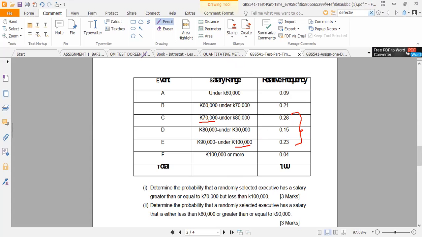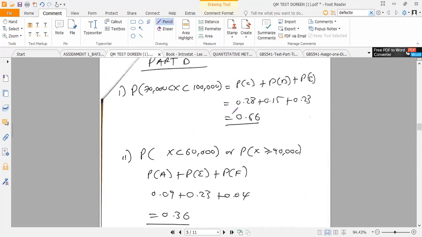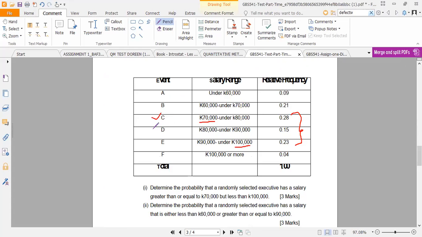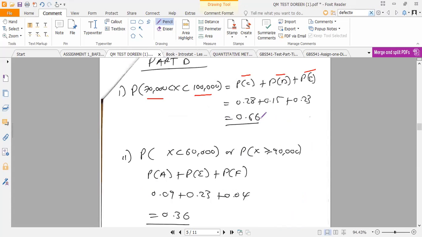This is what you're supposed to do. So we are simply adding the probability of C, D, and E. We add these and we get our answer as 0.66. Is that clear?